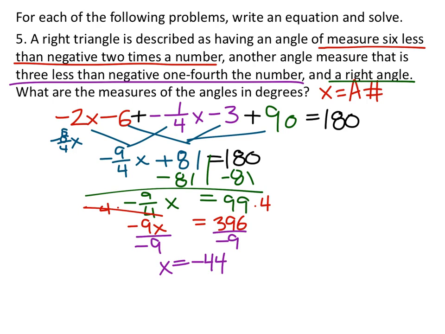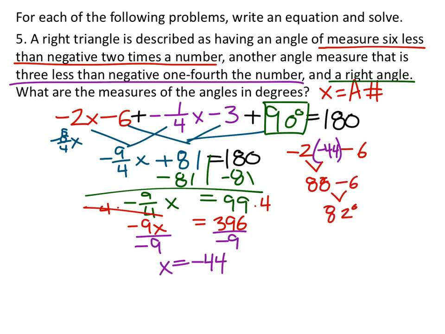Now I know one angle is already going to be 90 degrees because it said it was a right angle. Let's look at those other two angles. One of them is negative 2x minus 6. But I just found out that x is negative 44. So I'm going to replace that where the x was, and I can solve this. Negative 2 times negative 44 is 88. Minus 6 would give us 82 degrees.